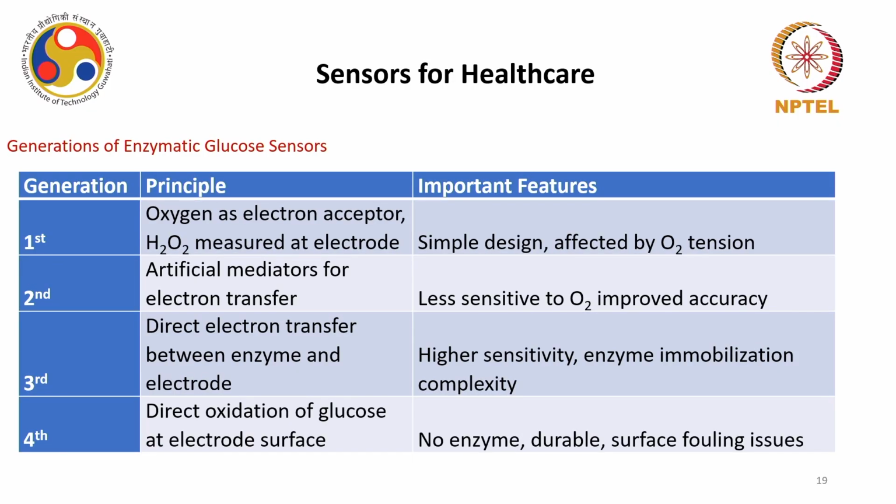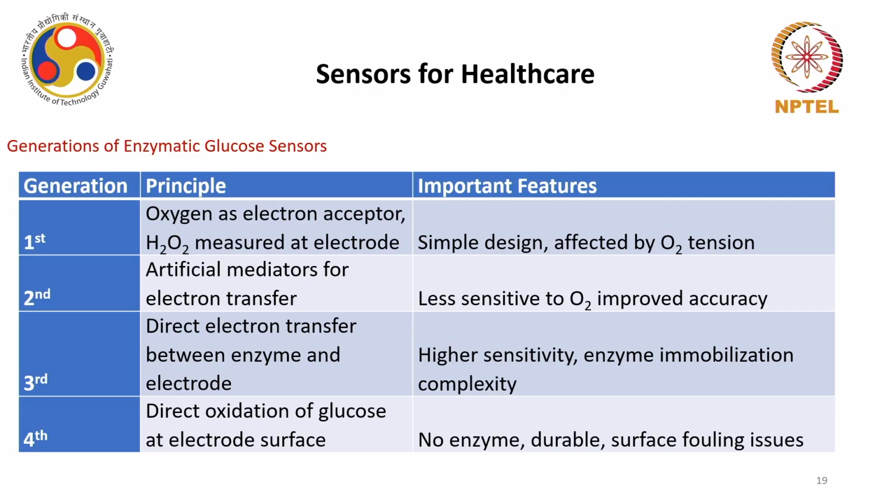The device is very simple, and since it is oxidized by the oxygen, it is much affected by the concentration of the oxygen. The second generation devices have artificial mediators for the electron transfer that we have just seen.